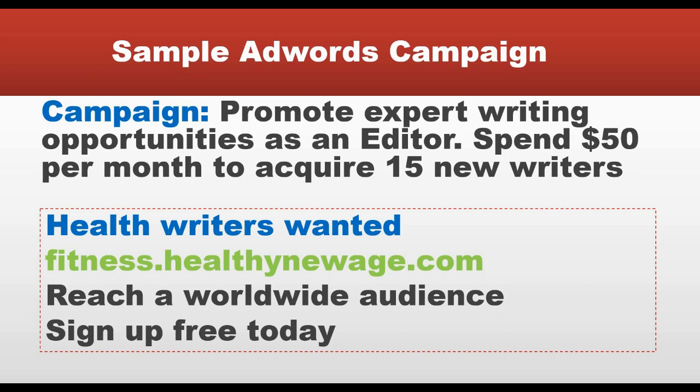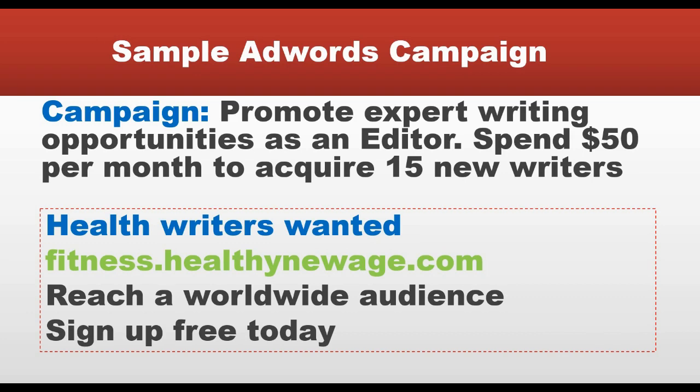In the next campaign, you would like to promote expert writing opportunities as an editor, and your aim is to spend about $50 per month to acquire 15 new writers. It's expected that you'll achieve a 400% return on investment within about 7 months.